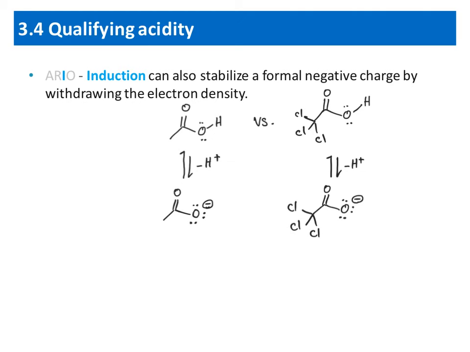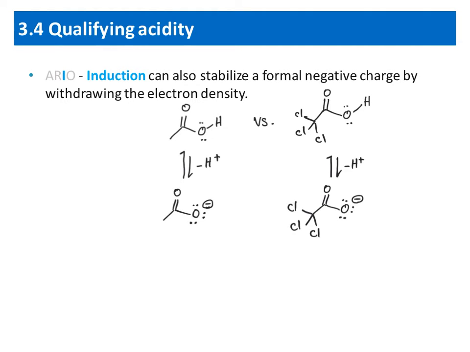Okay, so in both of these conjugate bases, we have the negative charge on oxygen. So atom is not a good factor. Both of them are carboxylic acids, so they both can do resonance. Therefore, resonance is also not a good factor.